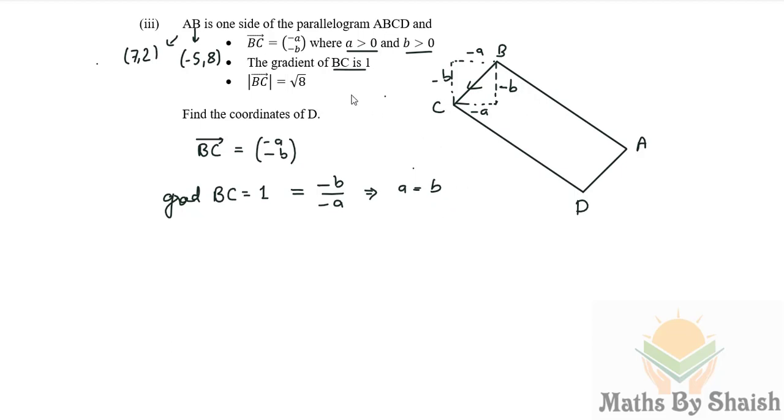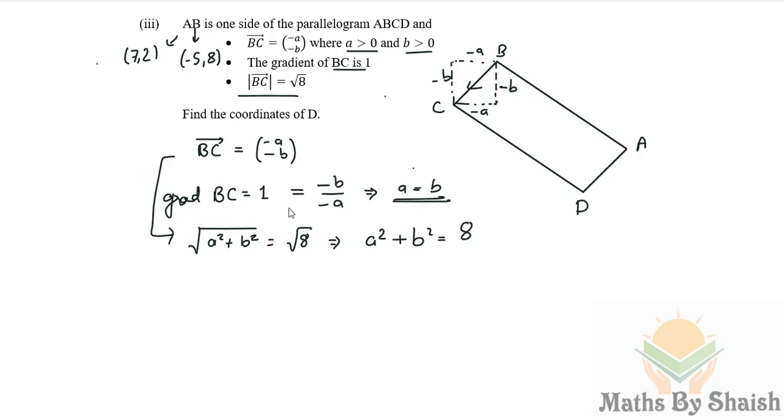So the third point, the length of BC is root 8. So the BC modulus is the root of minus a squared, that is a squared, plus minus b squared, that is b squared. It is given as root 8, or we can say that a squared plus b squared is 8. And we know that a is b because the gradient is 1.